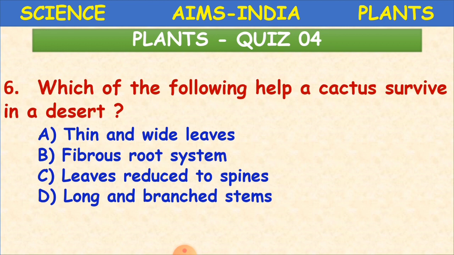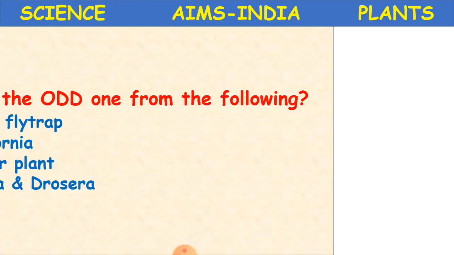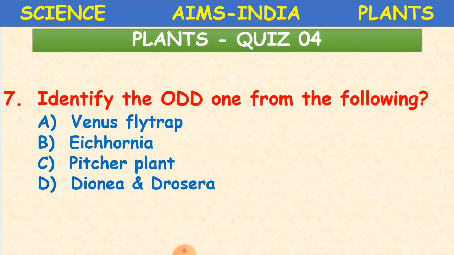Yes, we already learnt that cactus leaves have been reduced to spines. Why? To make them survive in a desert. Okay, then the correct answer is C. Clear, children? Yes, the next question.